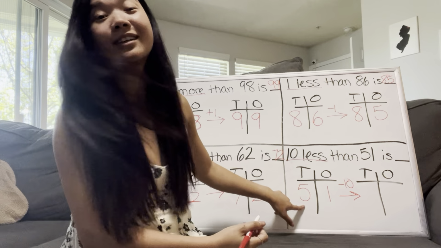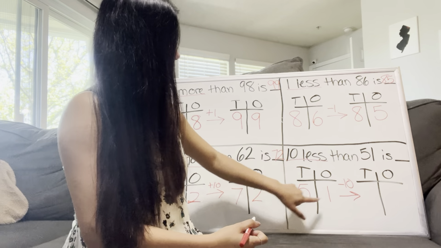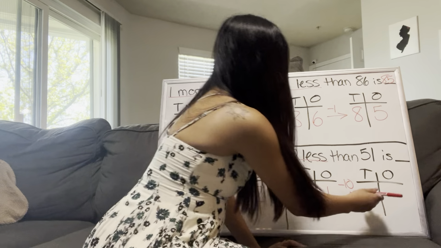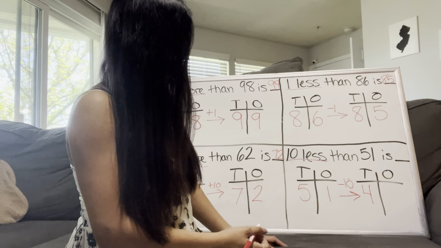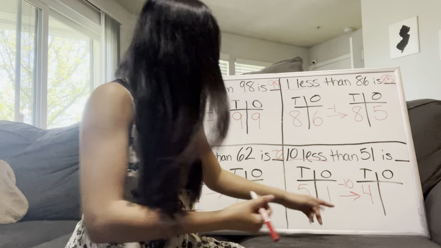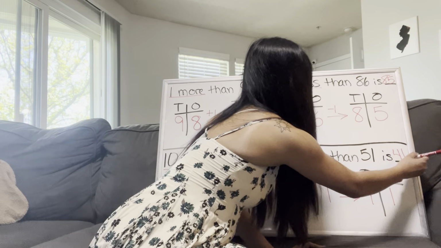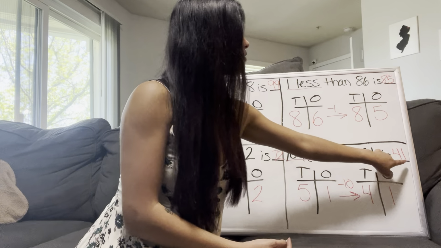So I'm going to be taking away a 10. I have 5 tens and I need to take away 1 ten. So 5 tens minus 1 ten equals 4 tens. And then 10 is 1 ten and 0 ones, so my ones aren't changing. So I'm going to keep that. 10 less than 51 is 41.